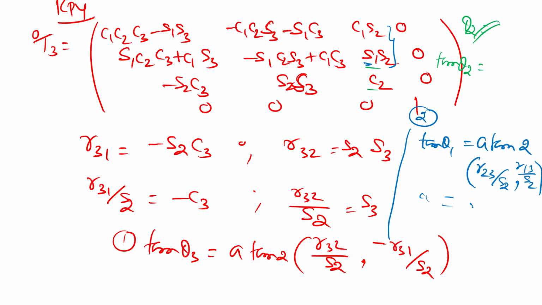This is R23, so R23 by S1 means you will have S2, and then this term is R33. So tan theta 2 equals arc tan 2 of R23 divided by S1, and then R33.